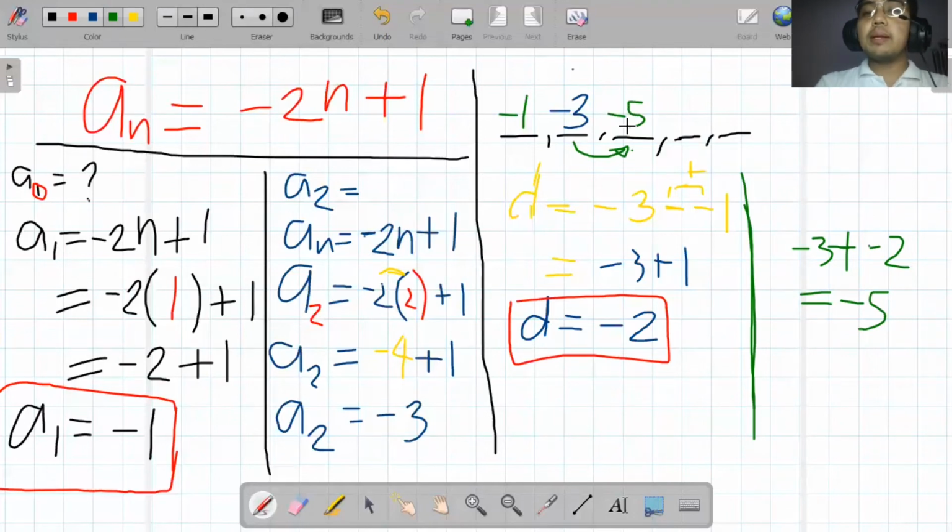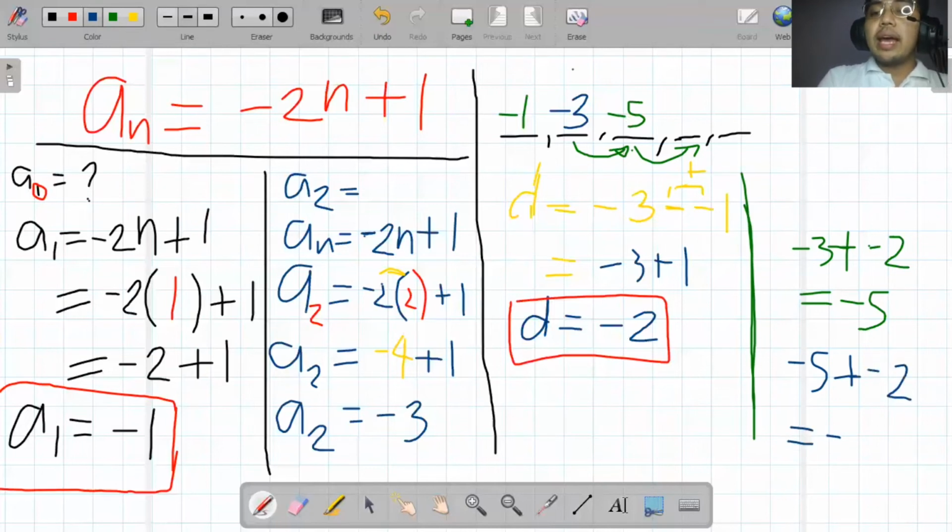Next, if you continue, negative 5 again, plus negative 2. So negative 5 plus negative 2, the answer is negative 7. And then we continue since we are looking for 5 terms.